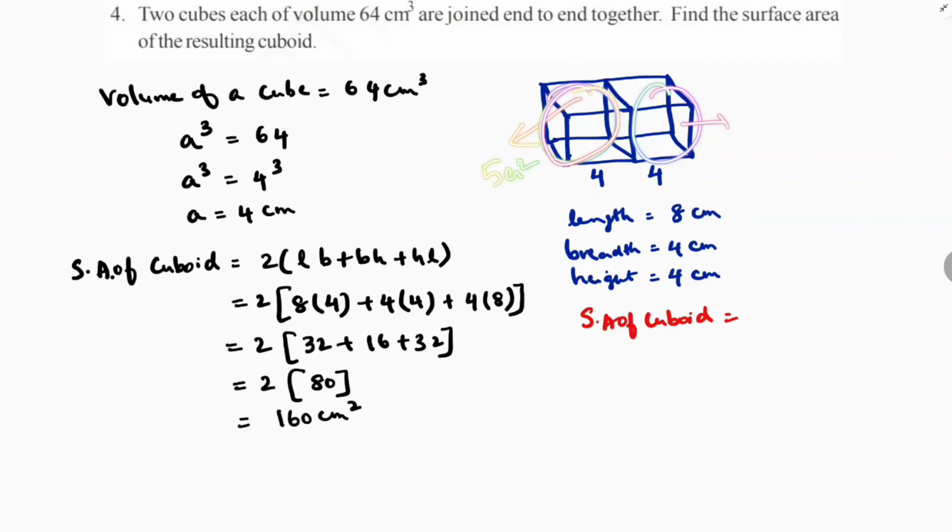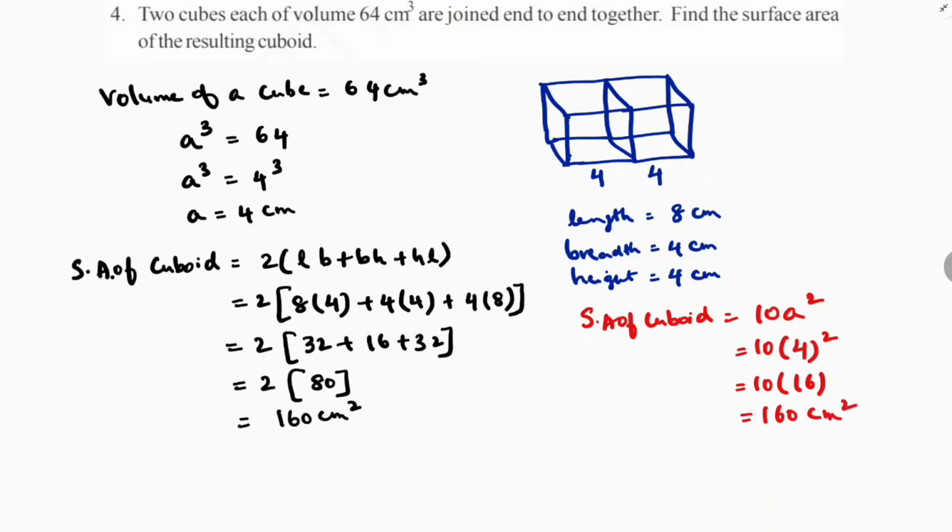For this right side one also 5 faces are visible. So surface area will be 5 plus 5, 10a square, and edge is 4. So 10 into 4 square, 4 square is 16. So directly you can write 160 centimeter square.